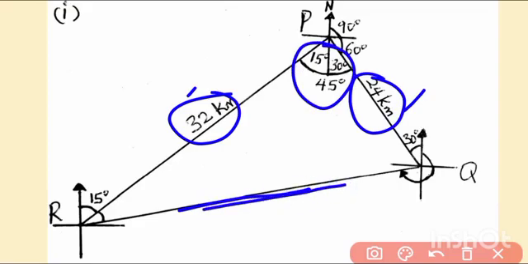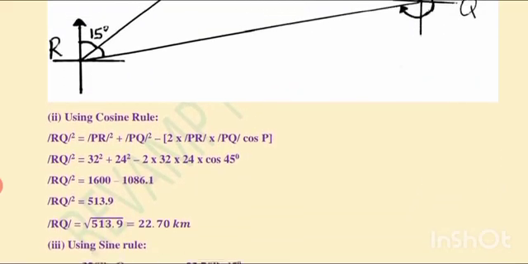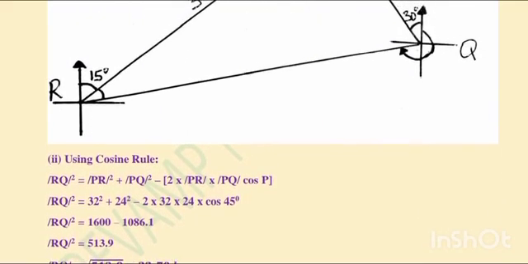So let's see how the equation is written. You can see the square of side RQ equals the square of PR plus the square of PQ, minus 2 multiplied by PR times PQ cos angle P, which is 45.